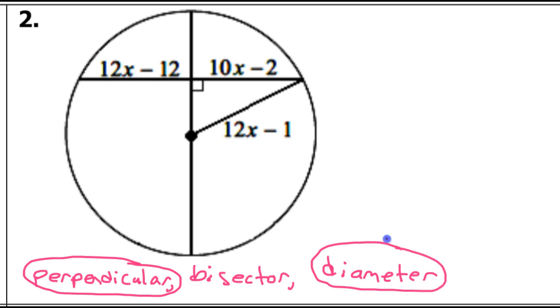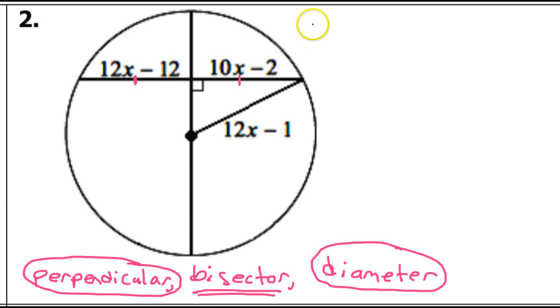That means that we can conclude that this diameter is also a bisector. Bisector means it's splitting the other chord in half. In other words, this part is going to be congruent to this part. That's what bisector means. Equal halves.